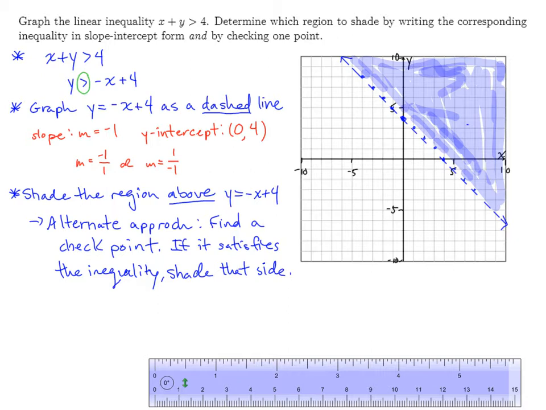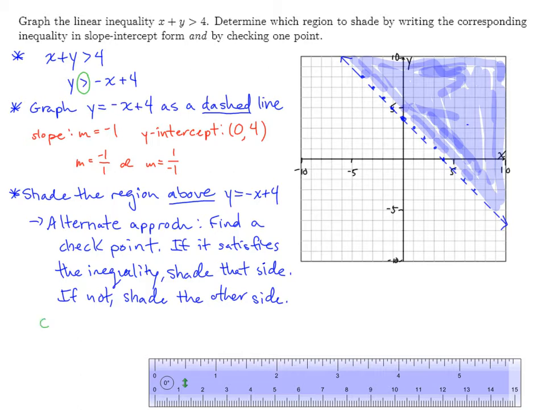And again, if it satisfies the inequality, I shade that side. If not, I will shade the other side. And I only need one point in order to determine this, because the separating line is where y equals negative x plus 4. So one side is the greater than side and one side is the less than side.